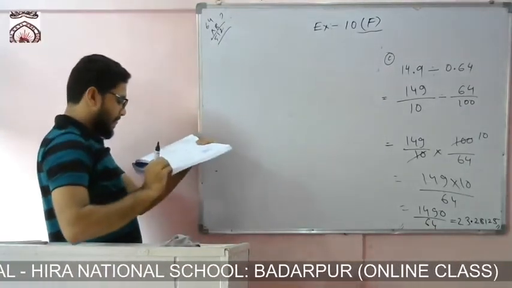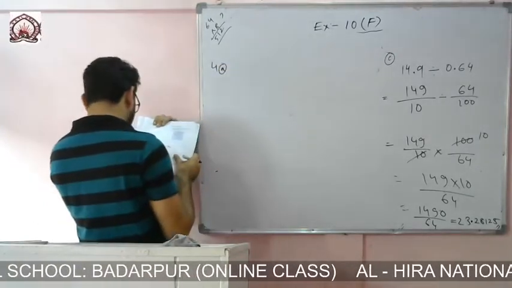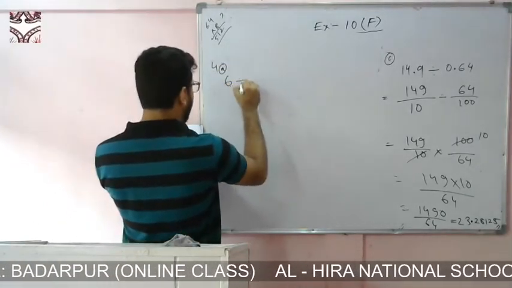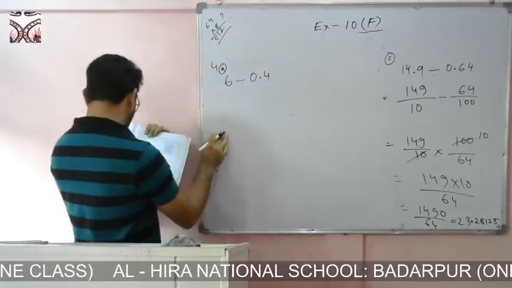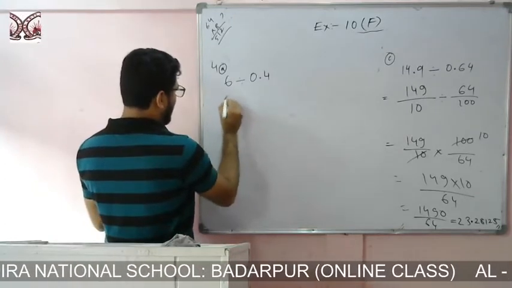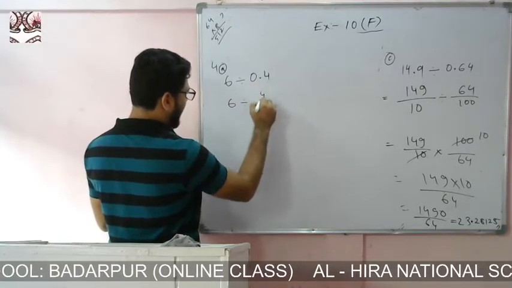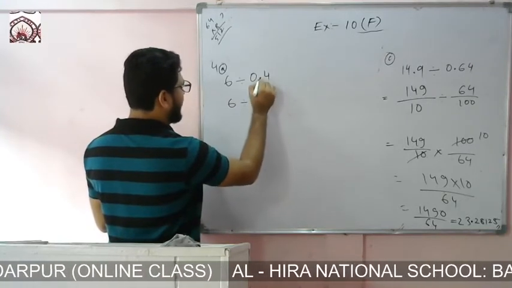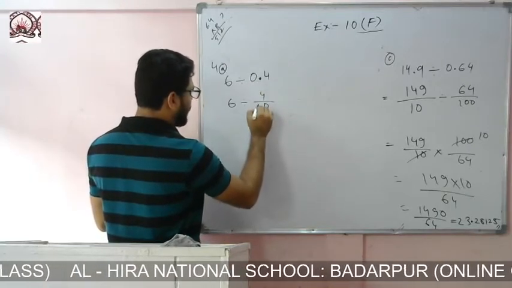Now come to question number 4. 4A. What you are getting? 6 divided by 0.4. So this one is a whole number, so no need of changing, we'll just change this one. 0.4, that means 4 I can write, and after point there is one decimal place, so we'll put 10, and for point we'll put 1.